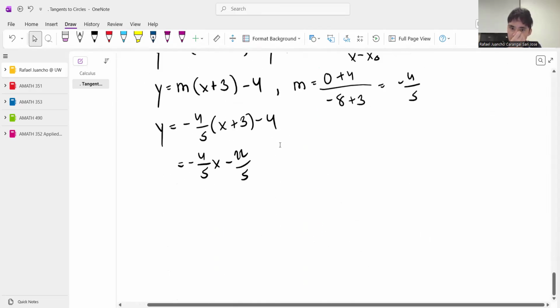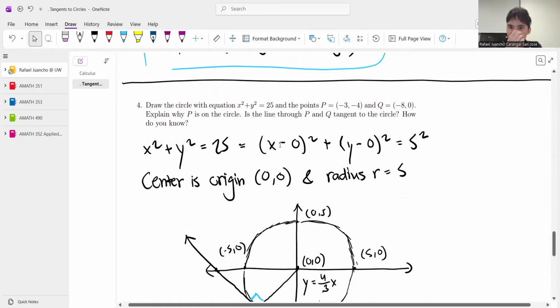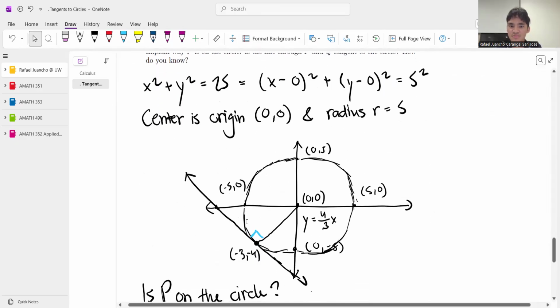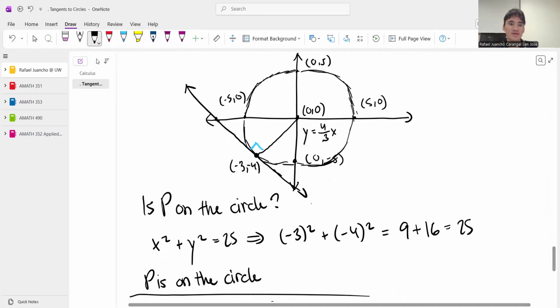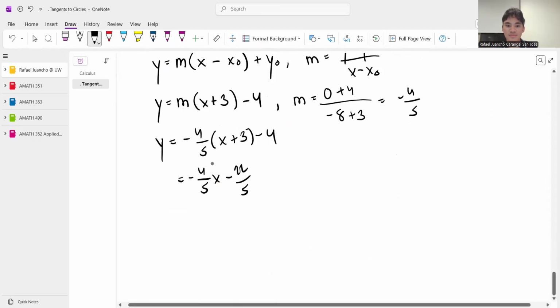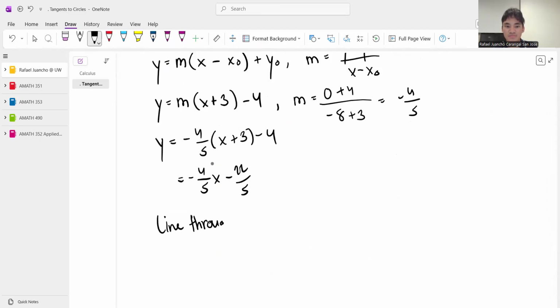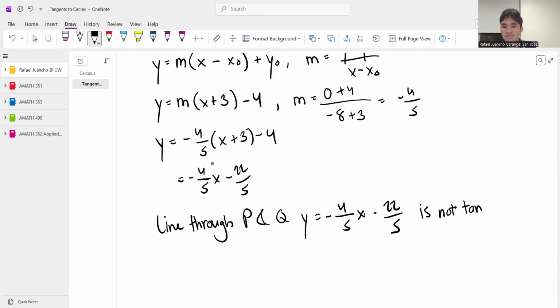Now it's asking, right, if the line through P and Q is tangent to this circle. The fact is it's not. So I'm talking about this line right here, it is not tangent to the circle.